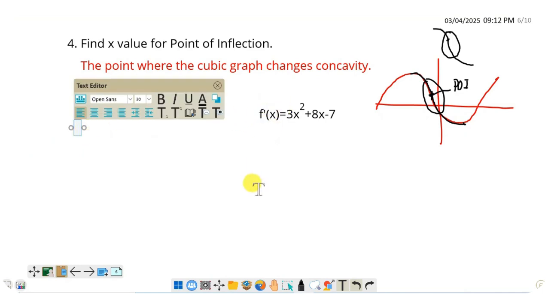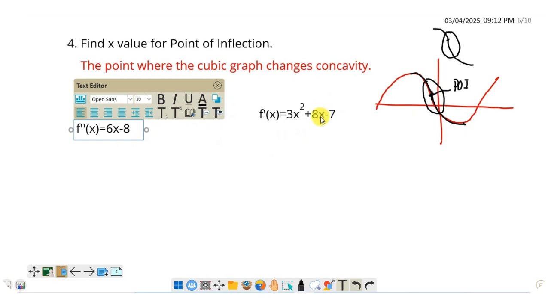The second derivative of x equals, so this is going to be 3 times 2, 6x to the power 2 minus 1 is 1, so 6x, plus 8 times x to the power 1 minus 1 is 0, so x to the power 0 is 1, so it's going to be 8.